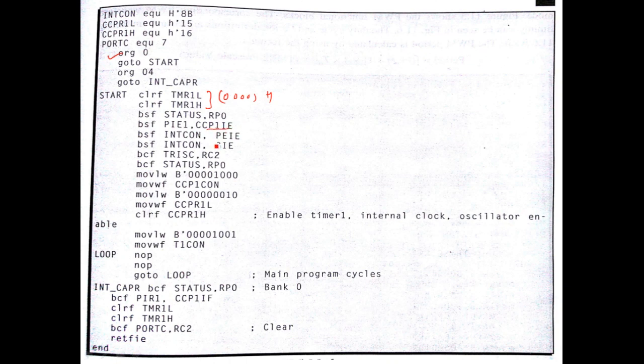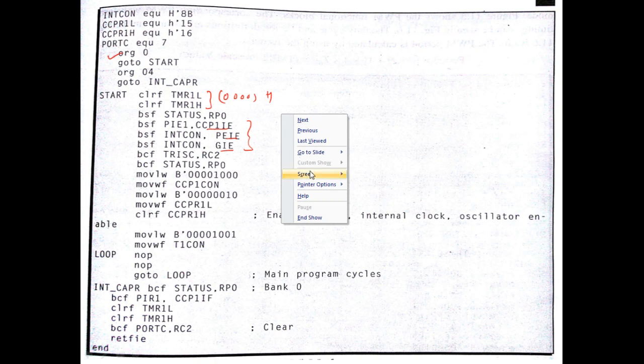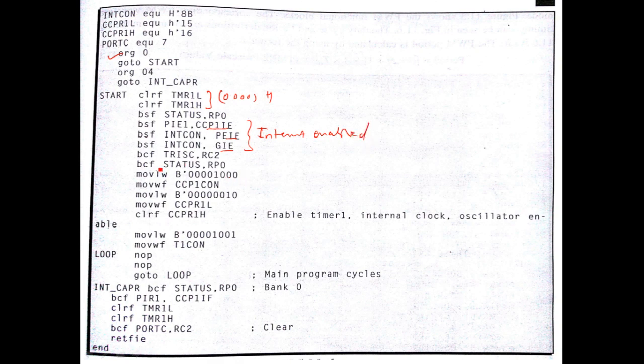The CCP1 enable bit, PIE bit and GIE bit are enabled. So interrupt will be enabled. Then clear the TRIS C bit. Port C bit is cleared. So initially it is low.